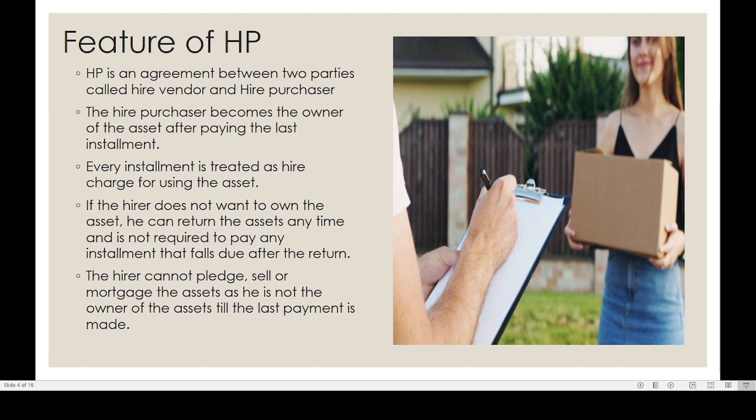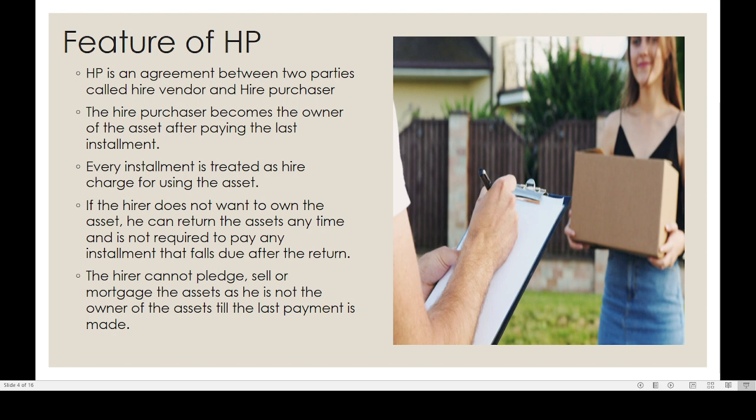And the fifth point, the hire purchaser does not have any right to pledge, sell or alter that particular product. For example, I purchase one machinery under the hire purchase system. What I can do is, at maximum, use it, but I don't have a right to pledge it.